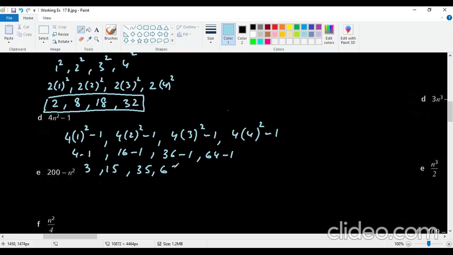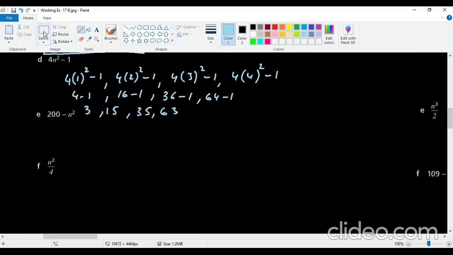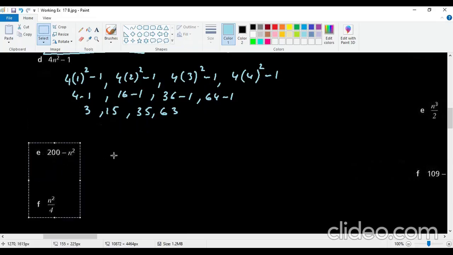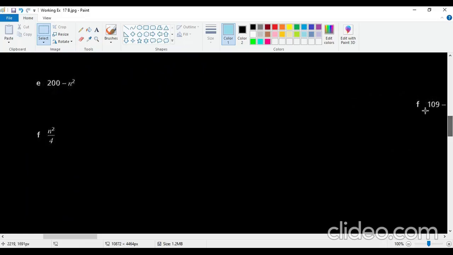Now comes 200 minus n square. I should bring this down here for the sake of convenience. So in here it says 200 minus 1 square, 200 minus 2 square, 200 minus 3 square, and 200 minus 4 square.